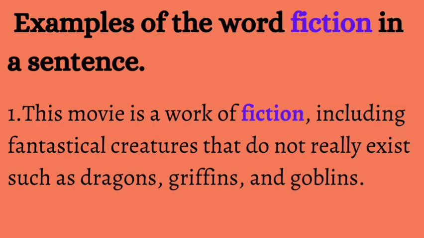So I'll be giving you sentences on how you can use the word fiction. One, the movie is a work of fiction, including fantastical creatures that do not really exist, such as dragons, griffins, and goblins. So you know these creatures aren't real. That's why it's a fiction movie, okay?